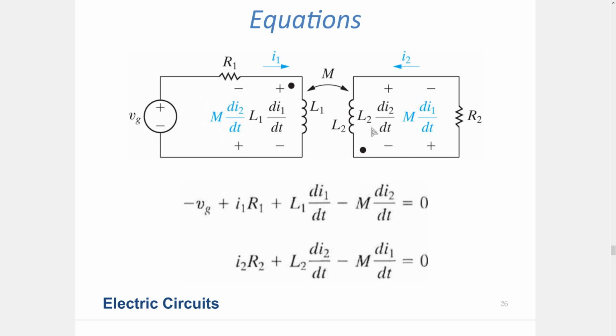I can also write down a similar equation of KVL on the secondary side. And since I'm taking the clockwise direction as my reference, I'm rotating in the same direction as L2, so L2 times di2 over dt will have positive value. However, because of this coupling and mutual inductance, I will have some effect coming from the primary side, which is proportional to di1 over dt.